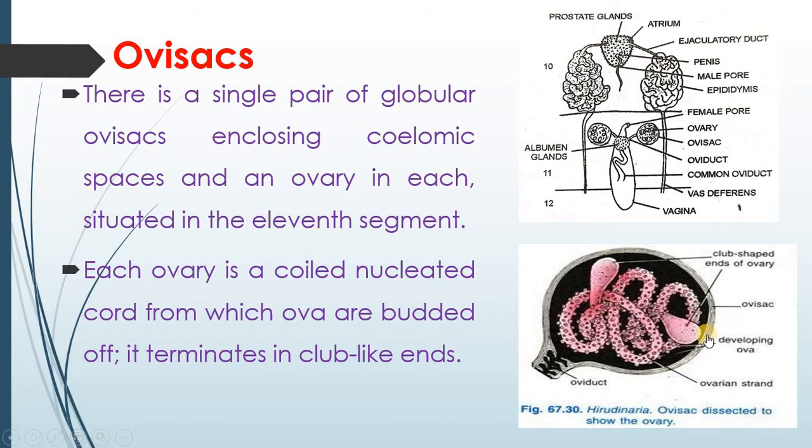This is the ovisac in which the ovary is enclosed, and these are the developing ova, and these are the ovarian strands. The coiled ovaries remain floating in the hemocoelomic fluid enclosed within the ovisacs. This is the hemocoelomic fluid in which the ovary is located.